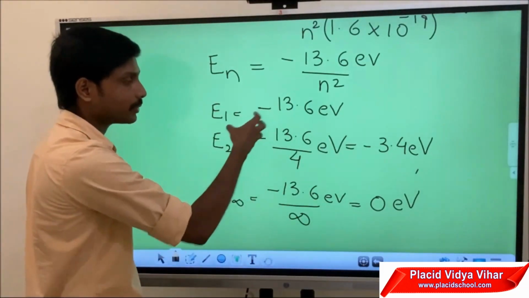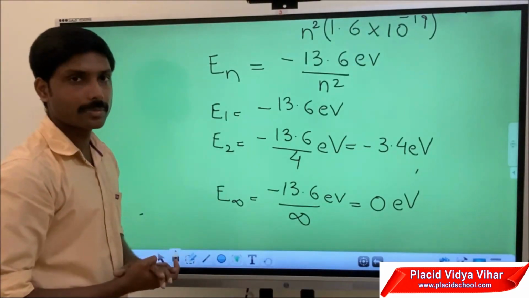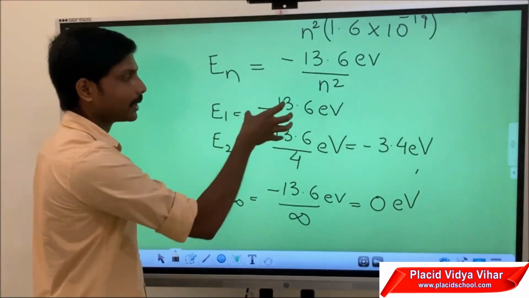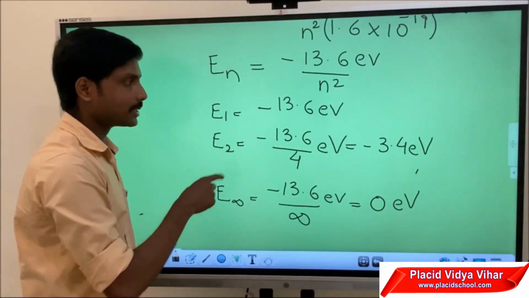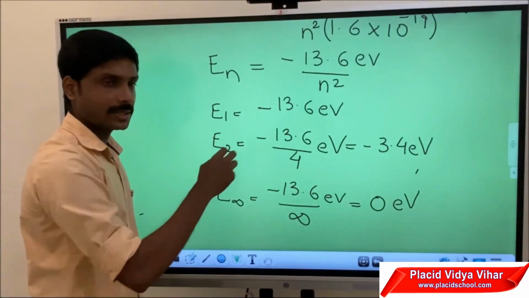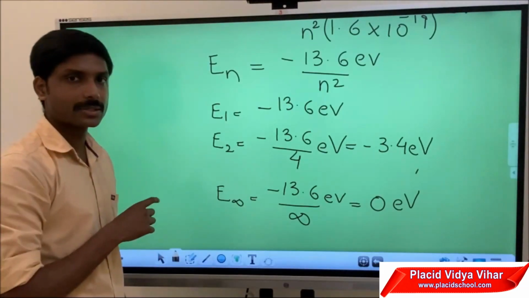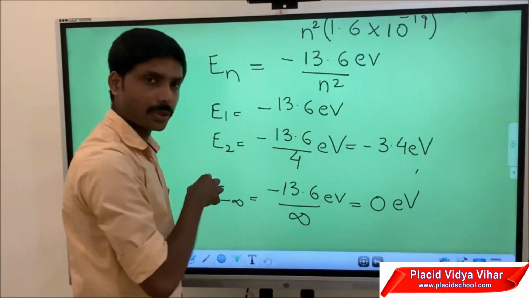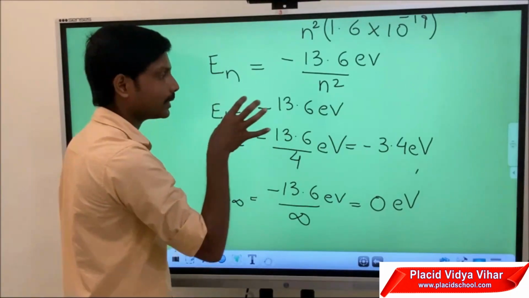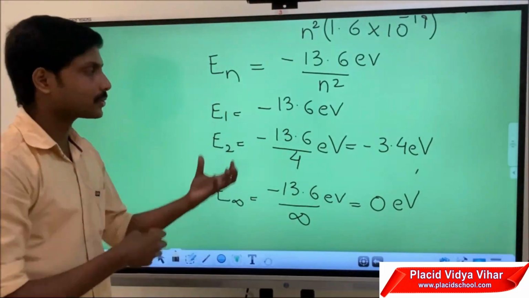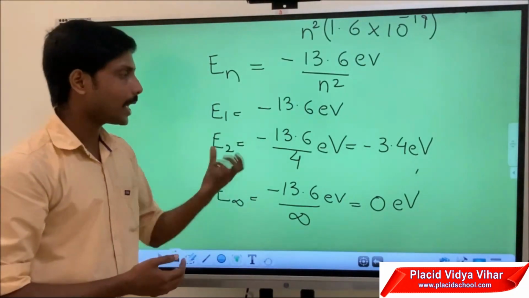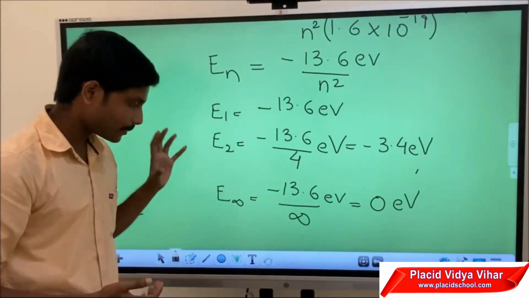If you want to pull out the electron from the first orbit, the amount of energy that you have to supply is plus 13.6 or more than that. The minimum amount of energy you supply should be 13.6 electron volts. Only then can you pull out the electron from the first orbit of the hydrogen atom.